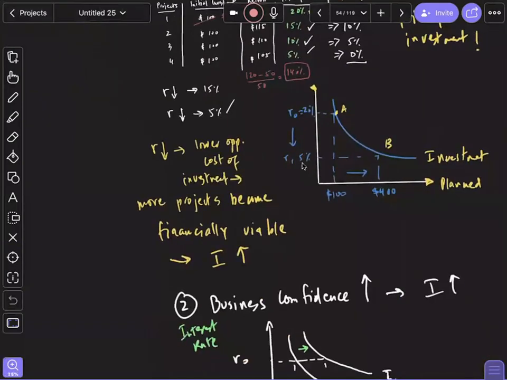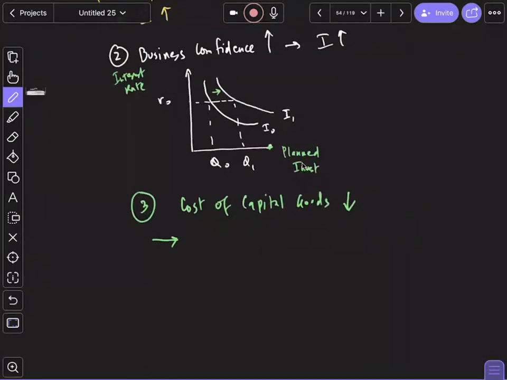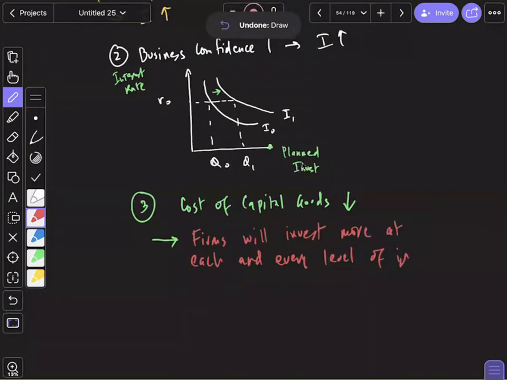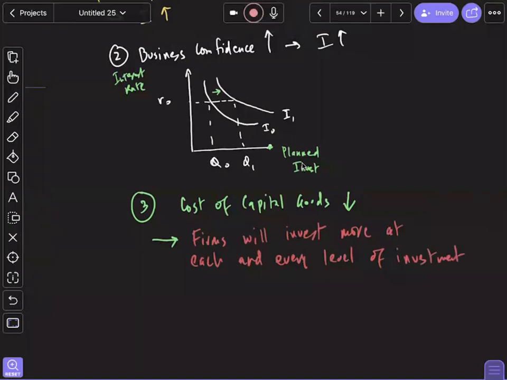So can I say this? When the cost of capital goods goes down, the initial investment amount falls, which means that firms will invest more at each and every level of investment.